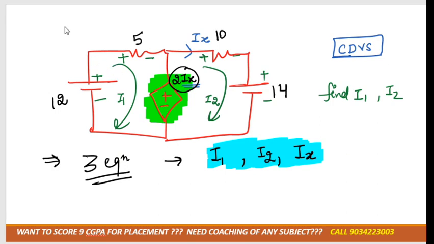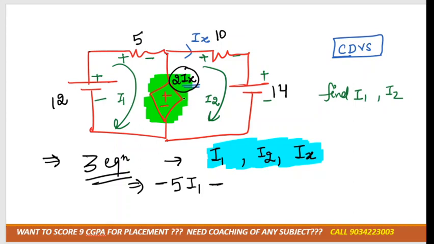Now back to the question. We have to make the first mesh equation. What is the first mesh equation? Current is moving from positive to negative, so it would be minus 5 I1. Then again we have to take the second sign of the voltage source. Now tell me which one is the second sign, positive or negative? Negative.